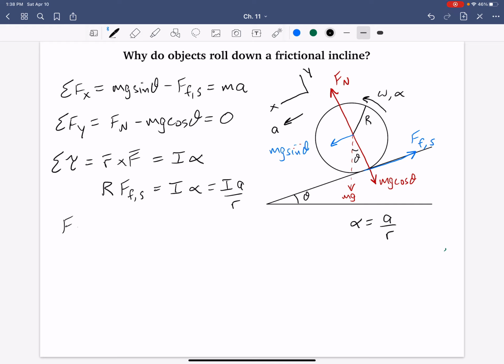So friction equals mg sine theta minus ma, right? Now I'm going to plug that into the torque equation, which is right here, and we get the following.